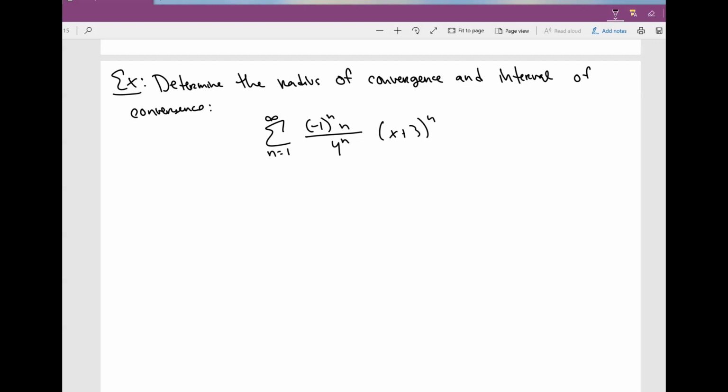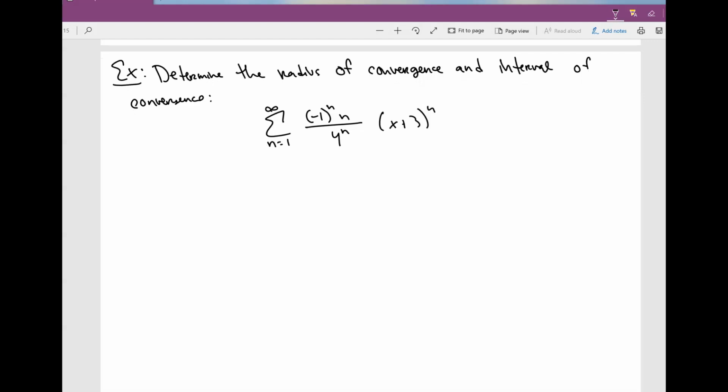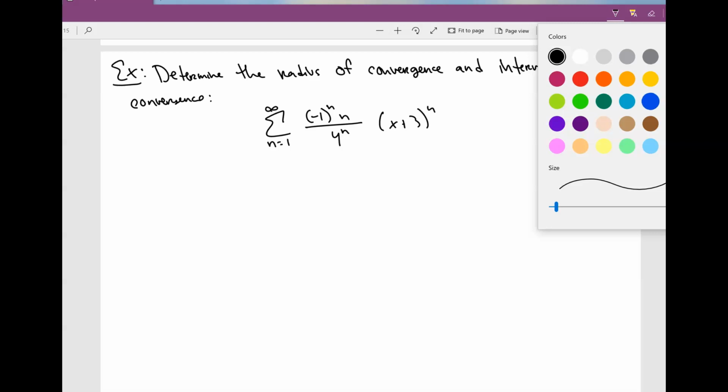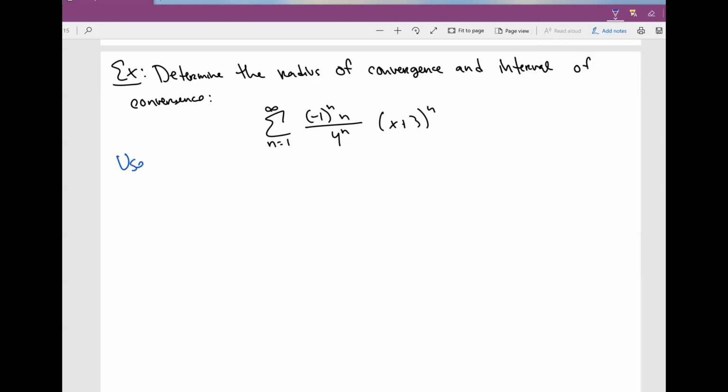Okay, so at this point, what you can do, you can use either the root test or the ratio test. Doesn't really matter. Let me go ahead and just use the ratio test, but you can also use the root test. You should get the same thing. So I'm going to use the ratio test. And remember that in order for me to use the ratio test, you have to find what a sub n is.